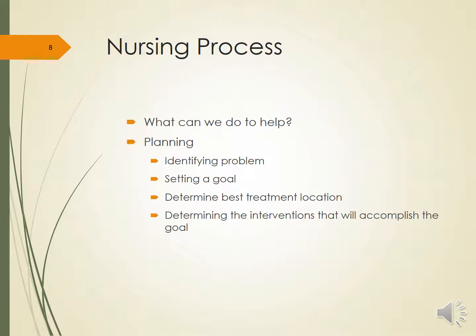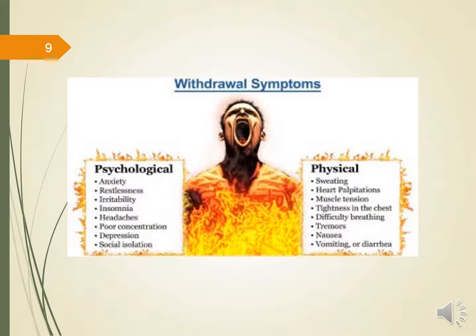Are they motivated for treatment? Do they have a support group in place for when they get through treatment? And what are their immediate needs? Do they have some safety issues? And we need to share all of this information with the physician.